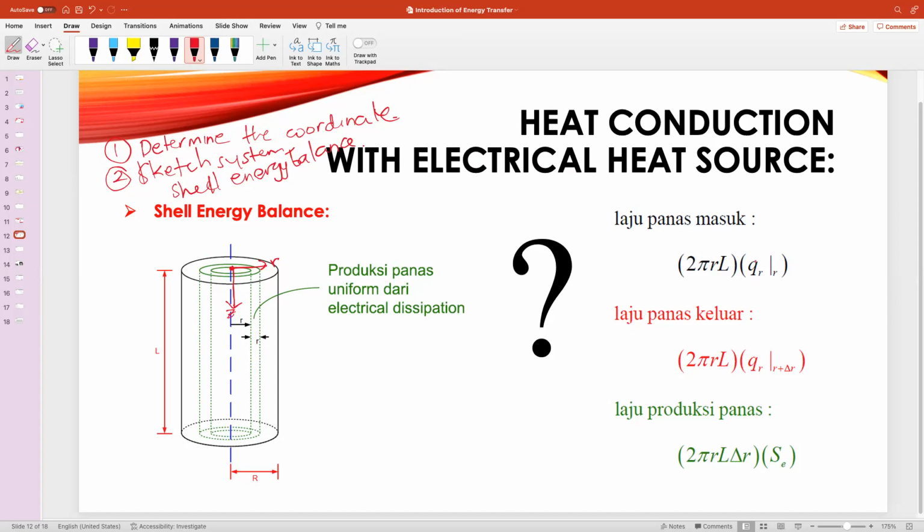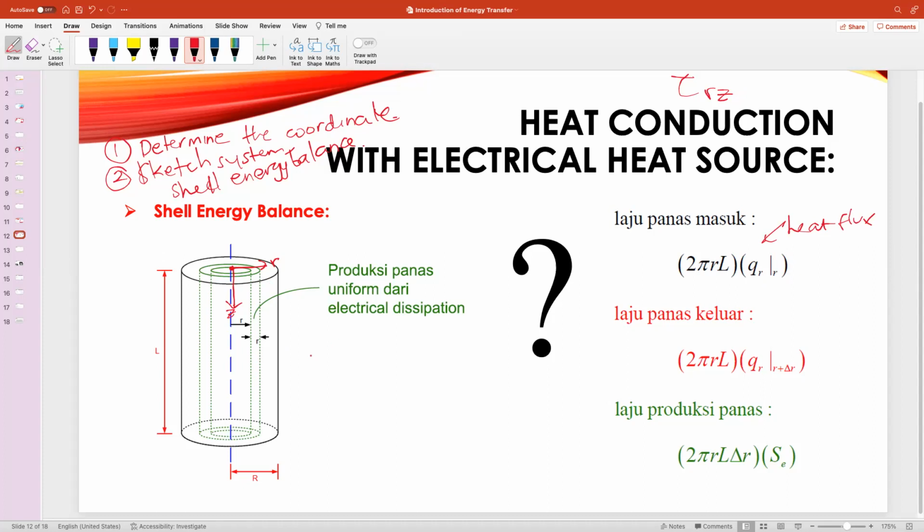In momentum you thought about tau, the momentum flux, but here you write Q, the heat flux. It should be multiplied with the area normal to the heat flux.